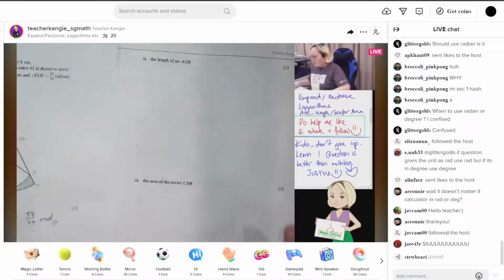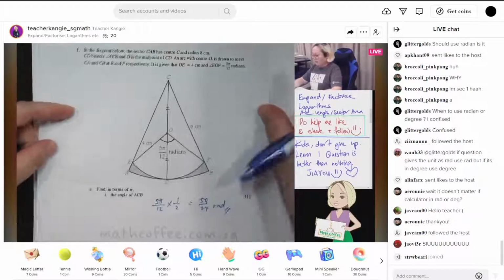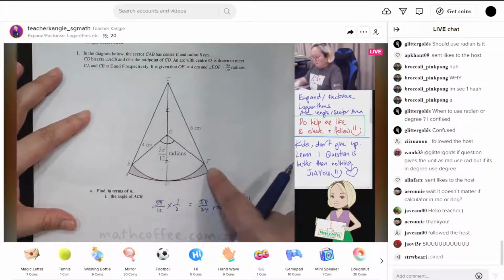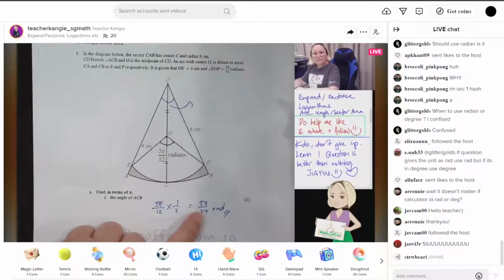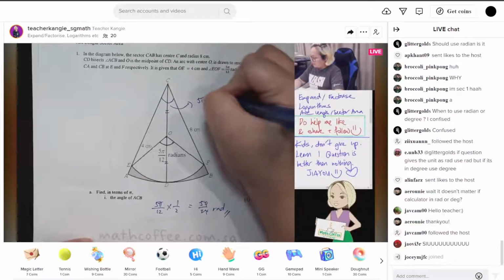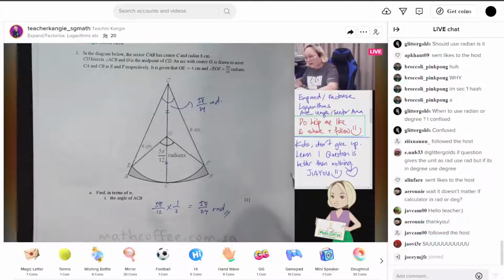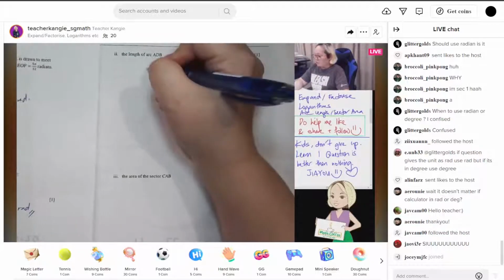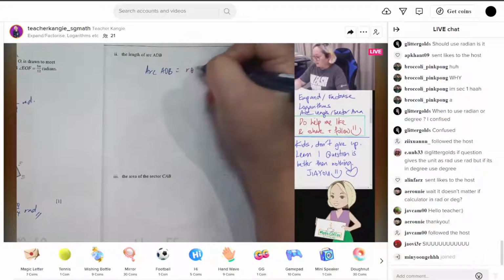Okay, next they ask to find the length of the arc ADB. Let's take a look. Arc ADB is over here. Just now we know this angle is 5 pi over 24 radian. Now it's easy. We already learned r theta, right? Arc length ADB is just r theta.